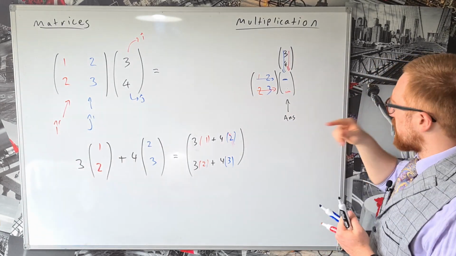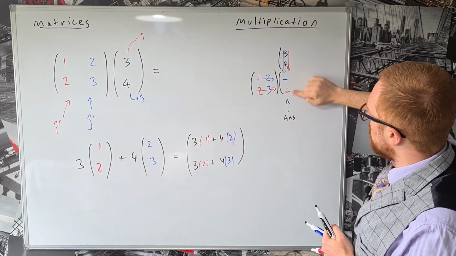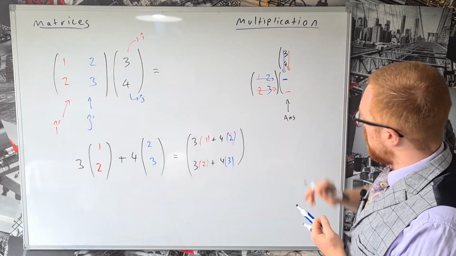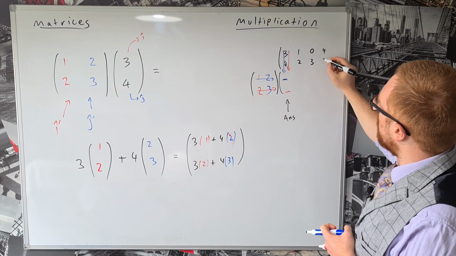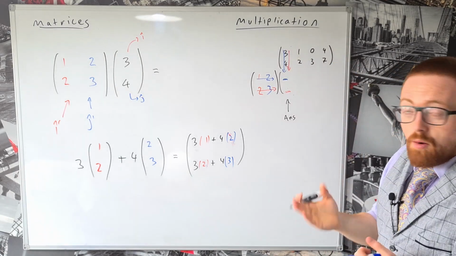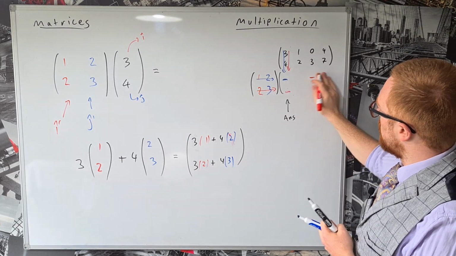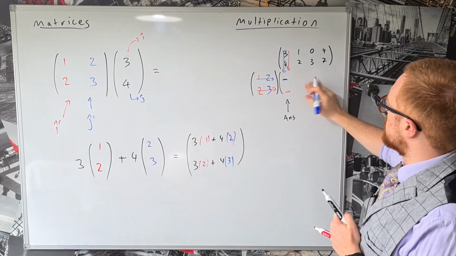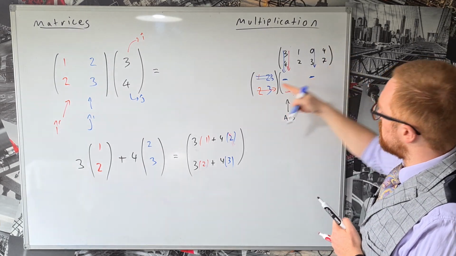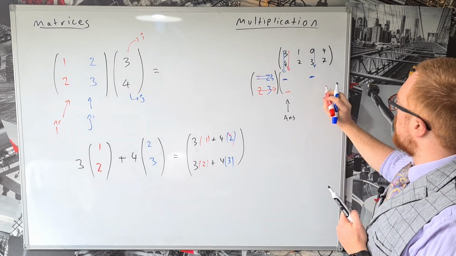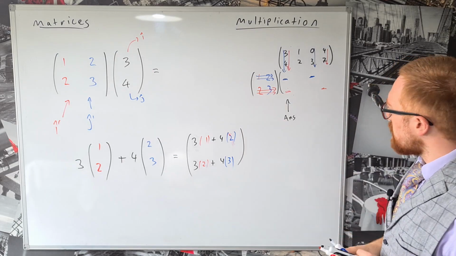We also saw that we could extend this to doing it with more than one vector at once. So if we also had a different vector, 1, 2, 0, 3, and 4, 7. So if we had 4 vectors that formed a square, then this entry here, we'll do that in blue for consistency, is this column times this row, and this entry here is this column times this row, and so on.